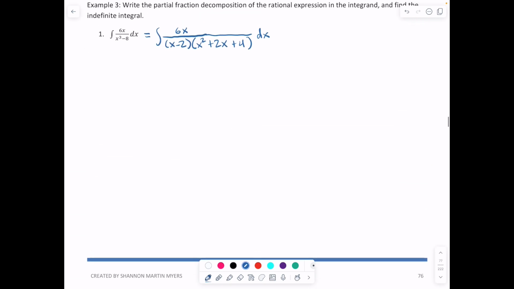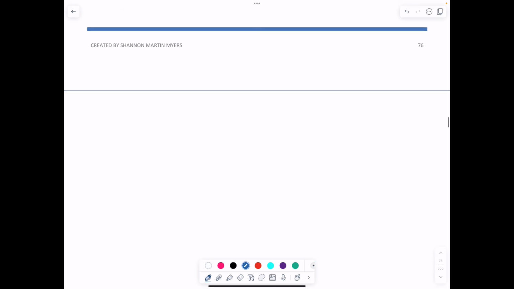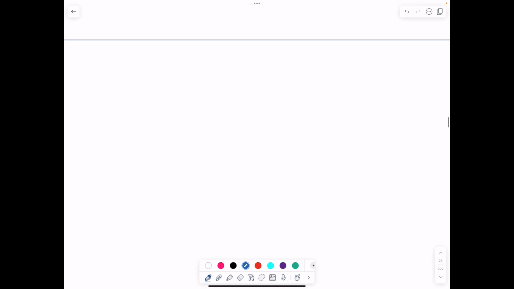So we have 6x over those two factors, so our partial fraction decomposition will be 6x over x minus 2 times x squared plus 2x plus 4 equals.